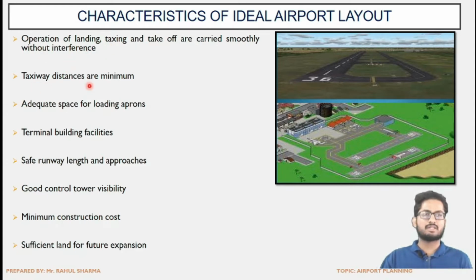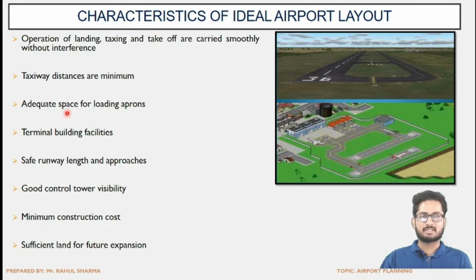Taxiway distances should be as minimum as possible, so that we can reach from the runway to the apron or hangar as early as possible, and time is also not wasted. Adequate space for the loading apron. So basically the parking space where the loading and unloading of passengers and cargo is to be carried out. Adequate space should be there as per the peak demand.